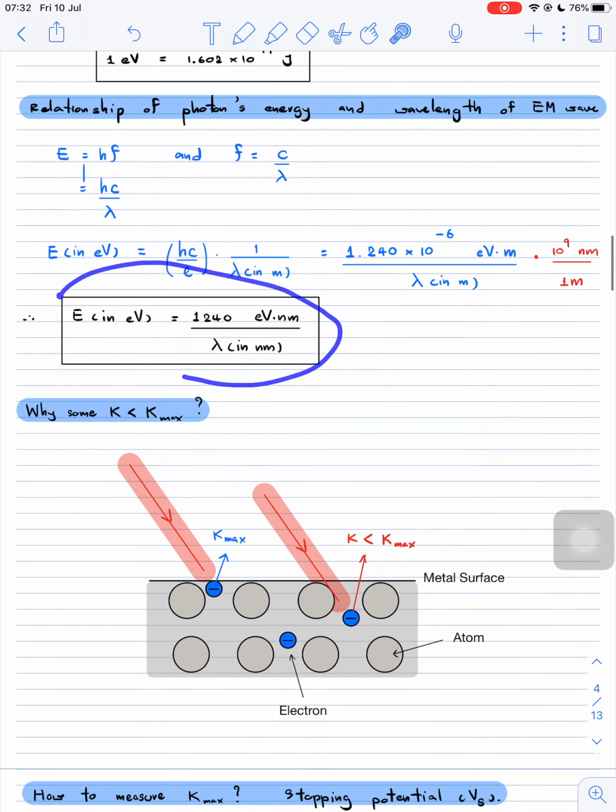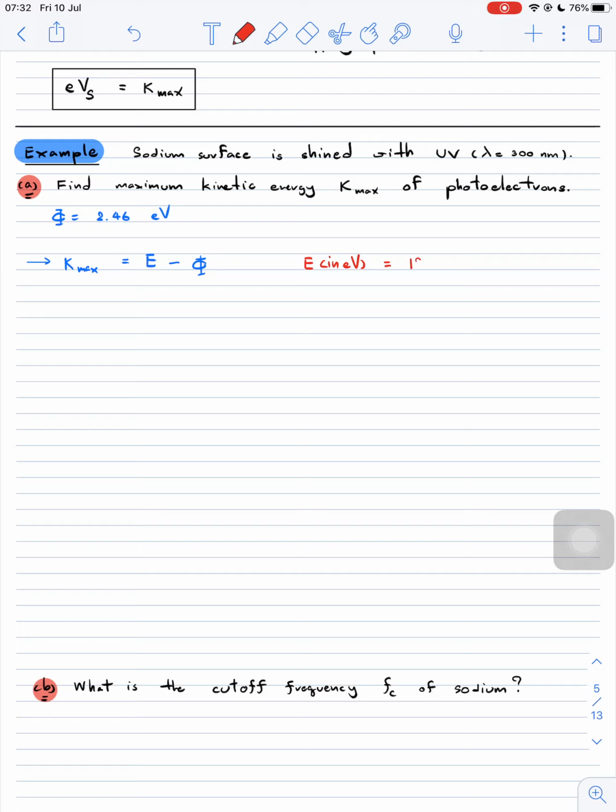The energy in eV equals 1240 electron volt nanometers over the wavelength in nanometers, which is 1240 electron volt times nanometer over 300 nanometers.